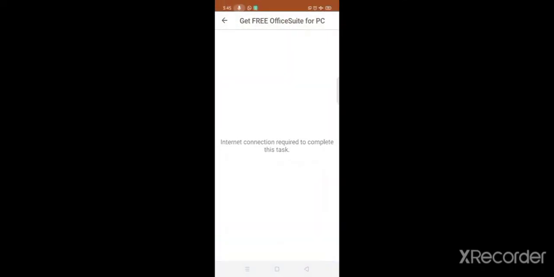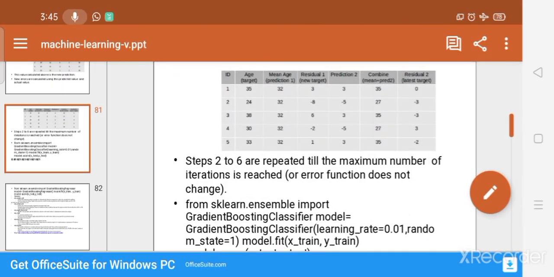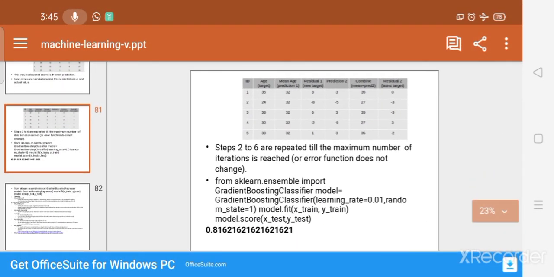Likewise we have to combine, and we have to choose the best learner and number of iterations. Likewise we have to repeat this step till the maximum number of iterations is reached and the error function does not change. Till then we have to repeat the same steps.